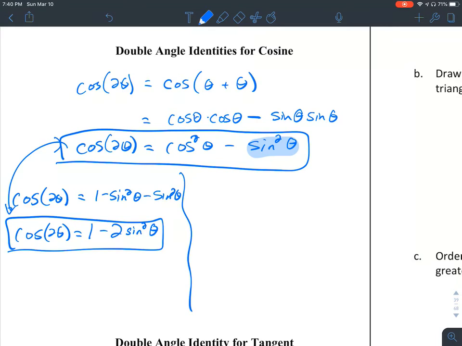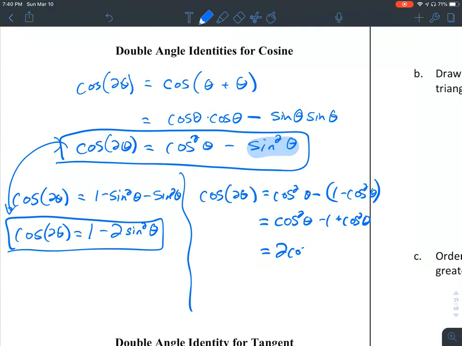Similarly, we could replace the sine squared here, if we wanted, with 1 minus cosine squared of theta. If you distribute the minuses there, that's going to end up giving us cosine squared of theta minus 1 plus cosine squared of theta, which gives us 2 cosine squared of theta minus 1.